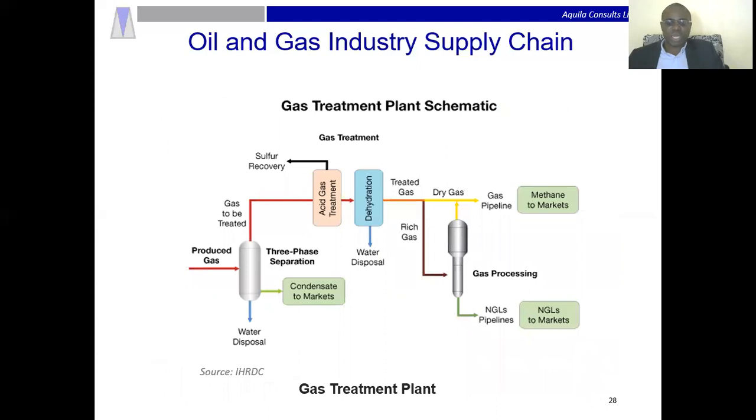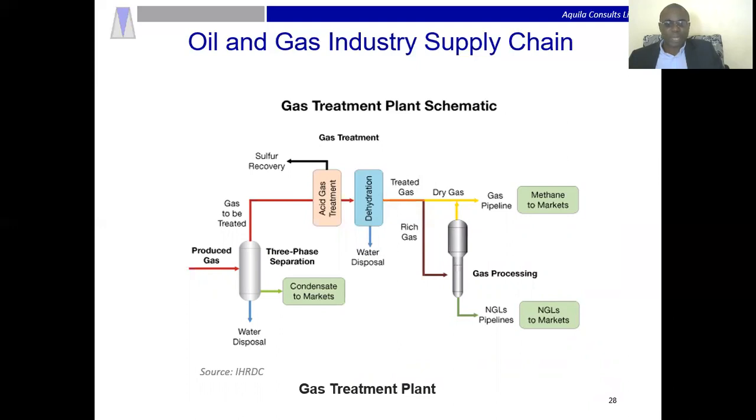This chart just shows the process of treatment of gas. You can see you separate the gas to obtain the product. You first remove the condensate, which you can sell directly, sell to the refinery, or refine by itself.